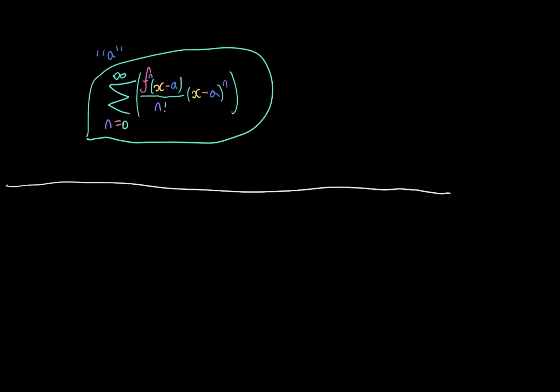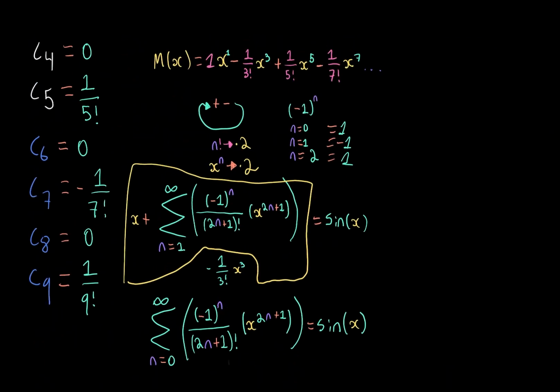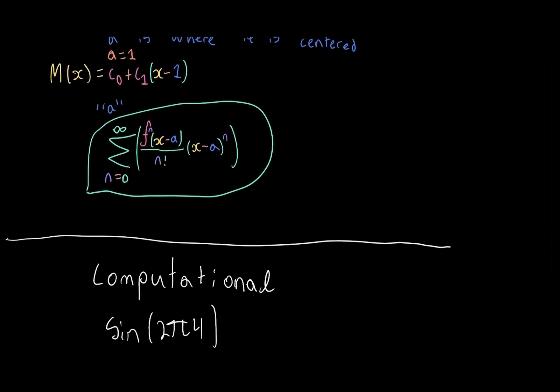And the answer is, it's mostly in computational engineering. So when you ask your calculator, what is sine of, I don't know, 2 pi 4, something like that, right? Well, you don't know how to calculate that. But what the calculator does is it uses a Taylor series, and it just crunches up all the numbers here.